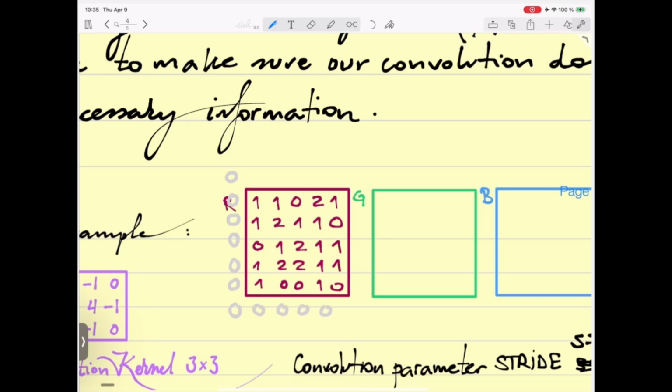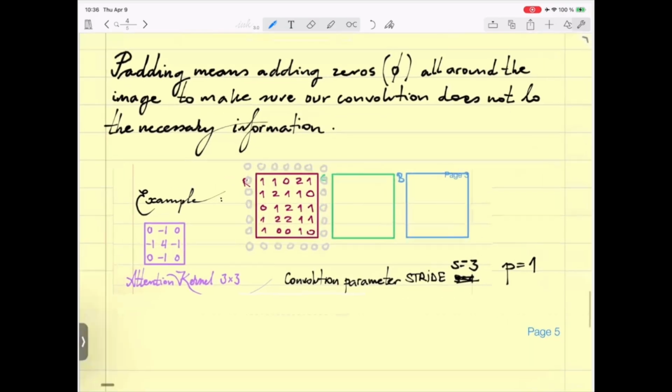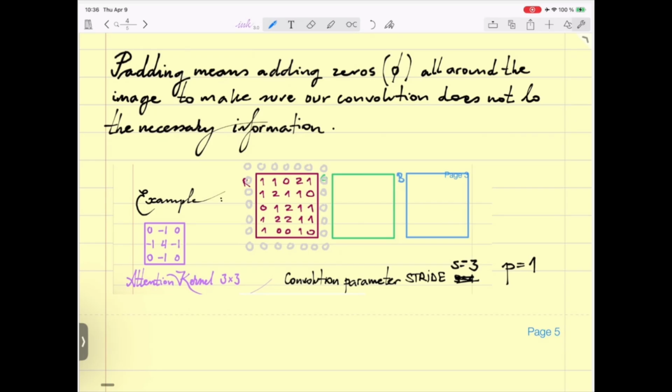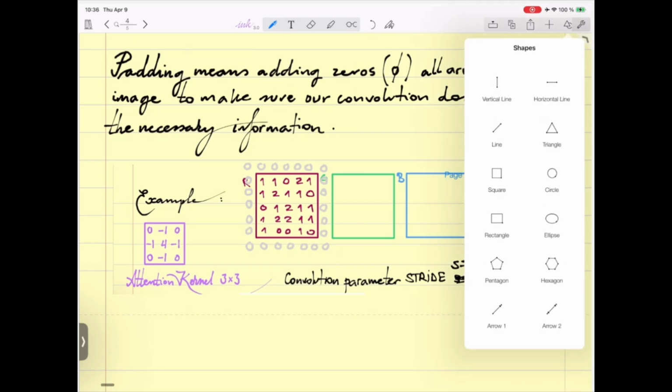It's like adding a thick coat of zeros. We are not adding additional information. This is just zeros, so nothing wrong there. So this is padding 1, P1.